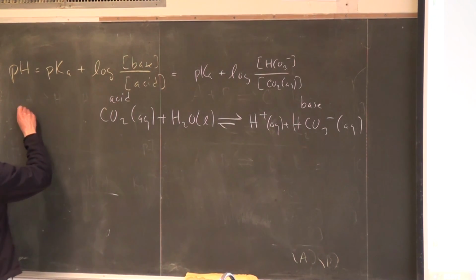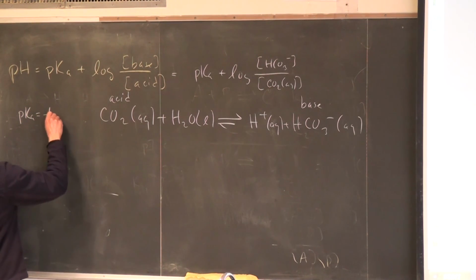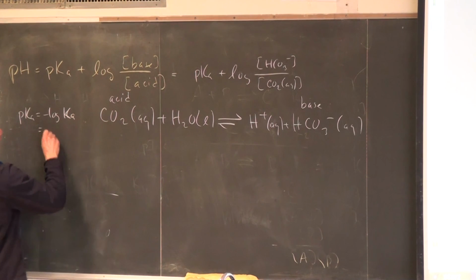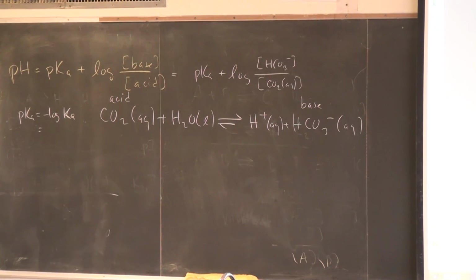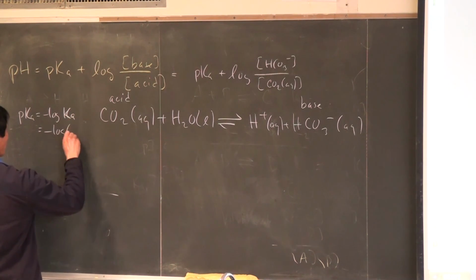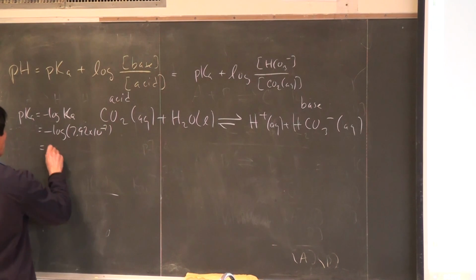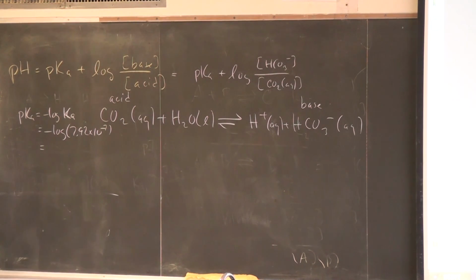Yeah, so we have pKa is equal to minus log of the Ka. And then Ka is equal to 7.92 times 10 minus 7. And that's equal to, what was it again? 6.1.